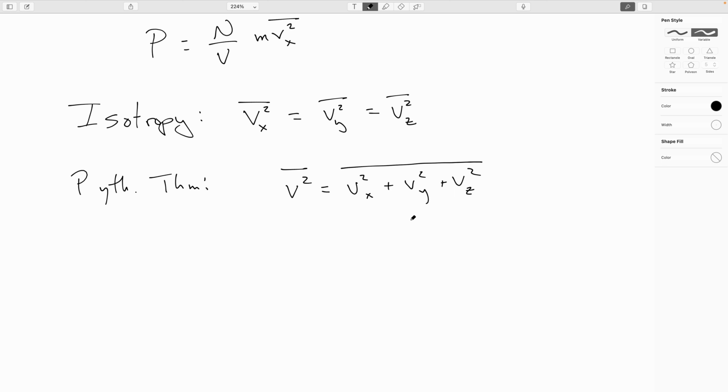However, in this particular case, we can go ahead and observe that since these are squares, these are all positive numbers. And so in this particular case, the average value of the sum is the same as the sum of the average values.